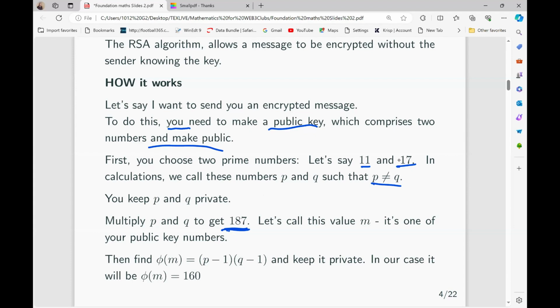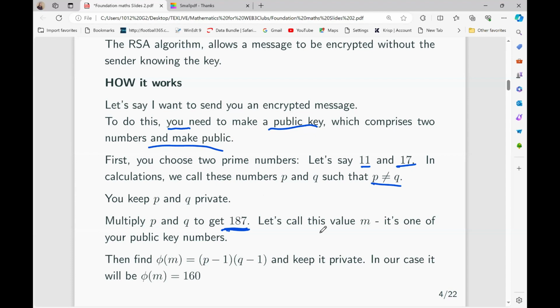This 11 and 17, you don't tell anybody. Once you choose them, those two prime numbers, you make them a secret. They're yours. Nobody should get to know what they are. Because if somebody gets to know what they are, that person would be reading whatever message you'll be receiving before it reaches you. So you keep them a secret.